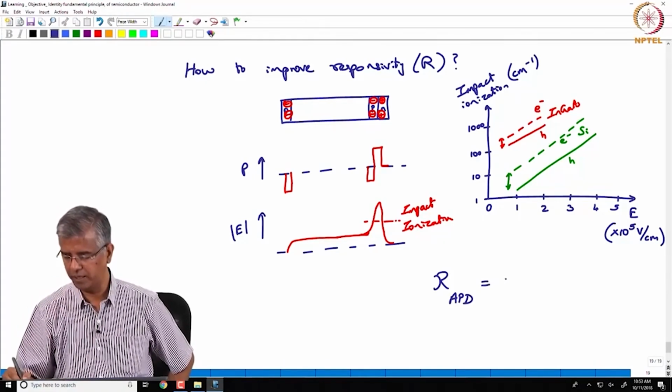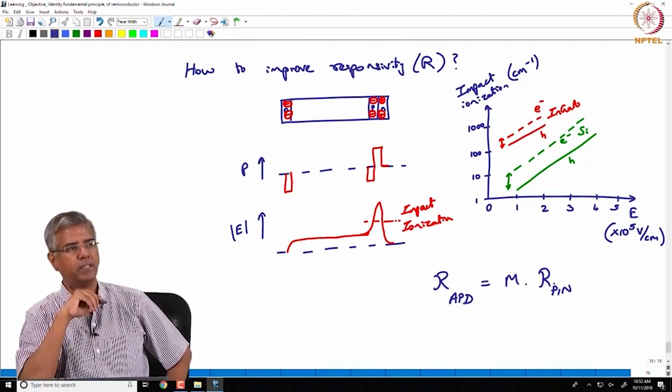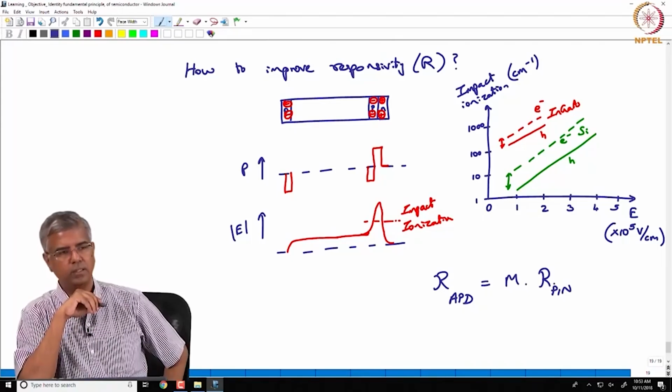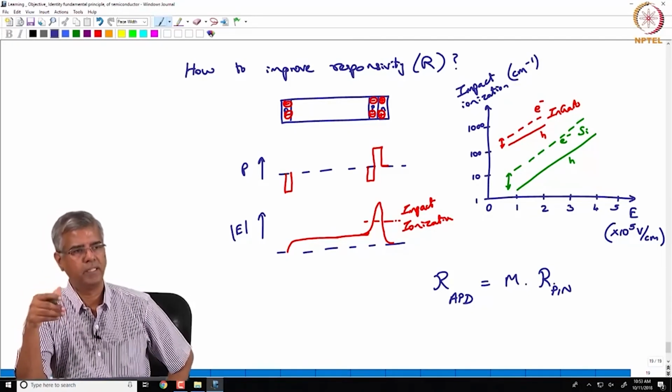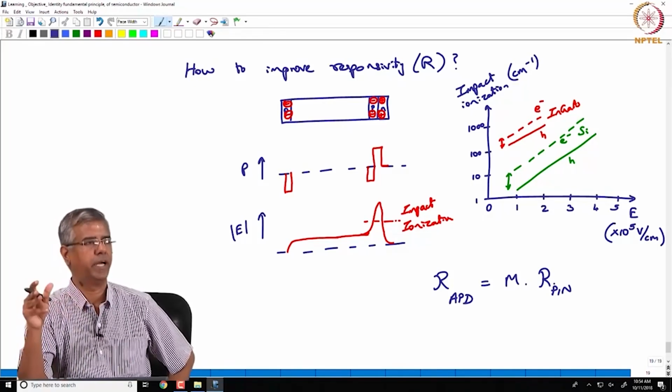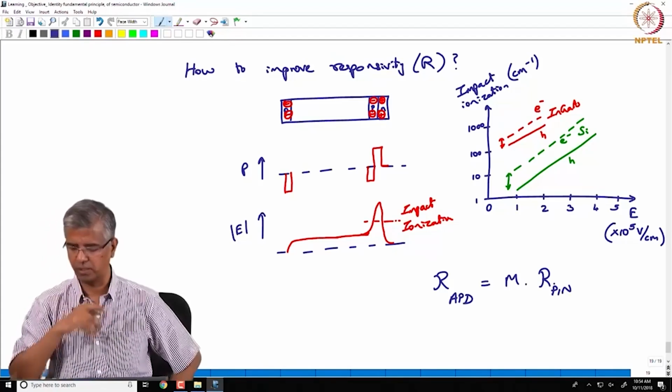That avalanche photodiode is going to have m times the responsivity of a PIN photodiode. So, the process of impact ionization creates an avalanche of carriers, and that is why it is called avalanche photodiode.